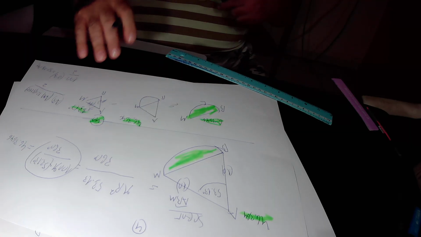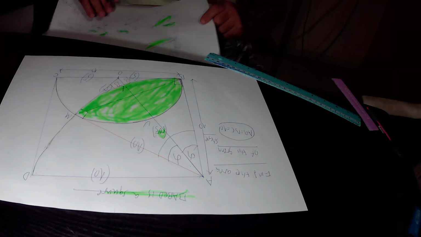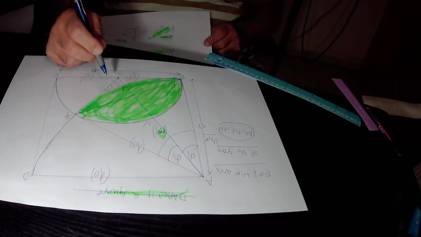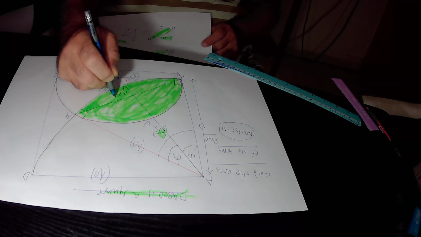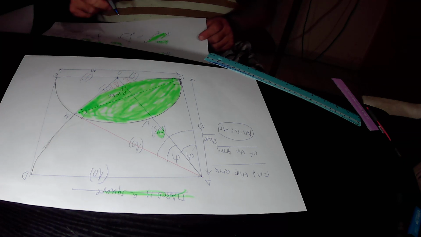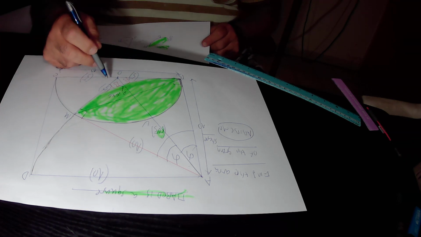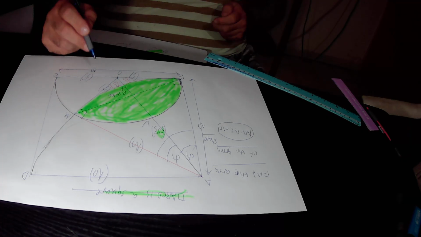So in total, we found that the area of this lower segment BLM equals 6.3646 square units.